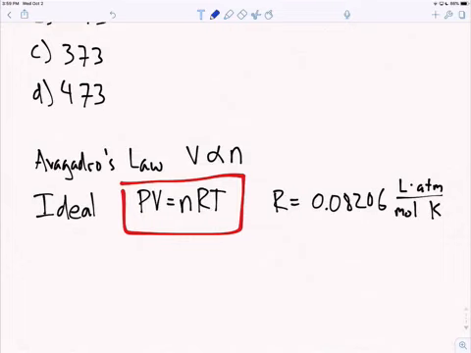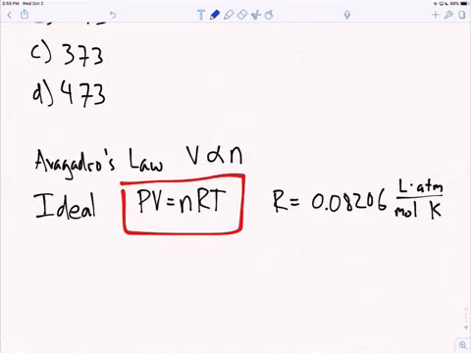P is pressure, V is volume, n is the number of moles, R is the gas law constant, and it doesn't change. R is actually Boltzmann's constant times Avogadro's number, so it's actually two constants. R changes based off of units, but for this case it is 0.08206 liter atmospheres over mole Kelvin.